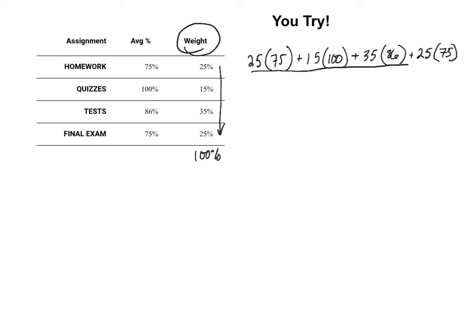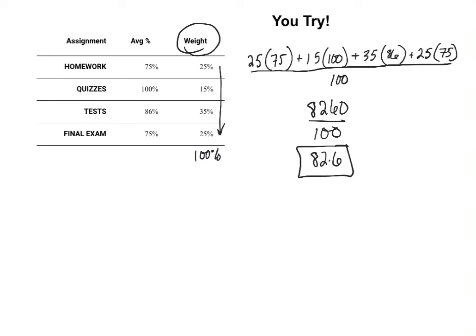Now, if I divide that by the sum of all of the weights, which of course we know is 100, then what we're going to get is our weighted average. So I'm going to pause here and calculate. I got 8,260 over 100. And when you divide that, you get 82.6.